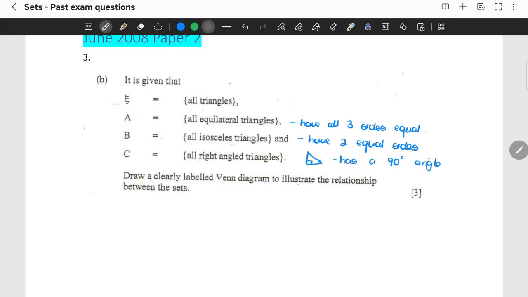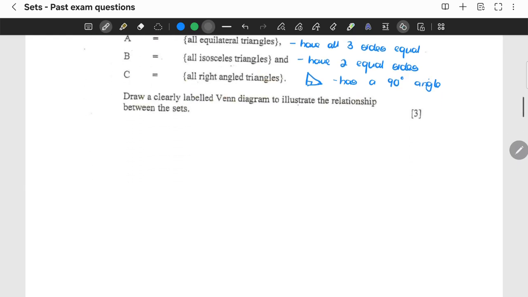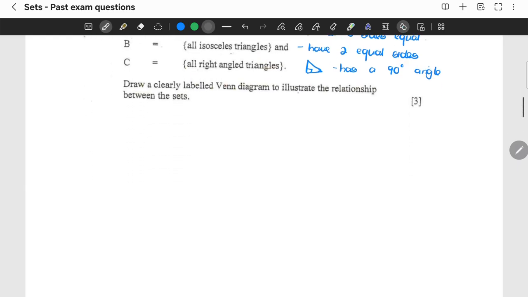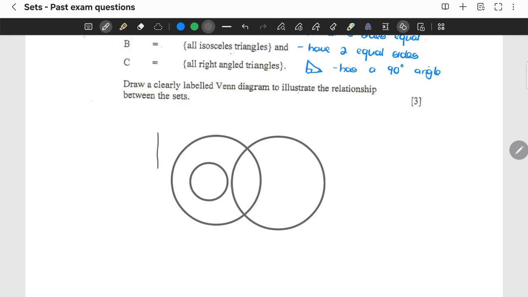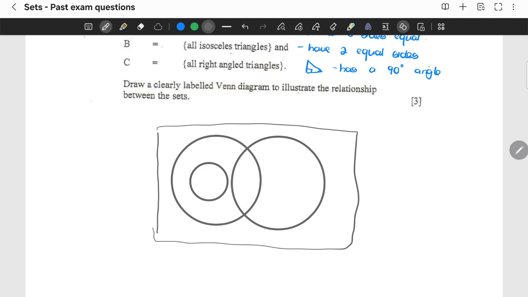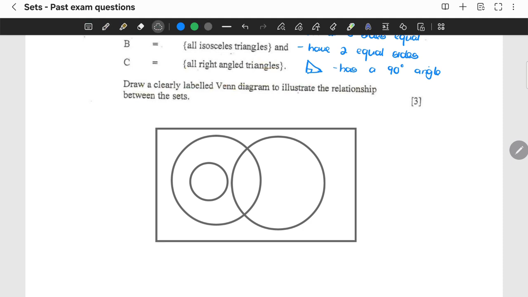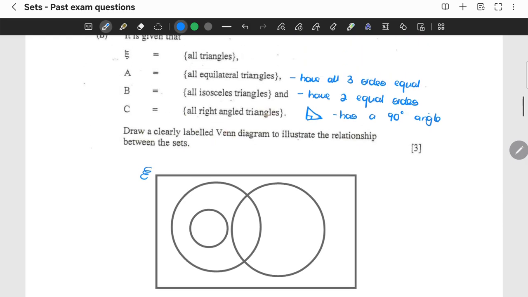So if we're going to draw this, we have to understand that we have a universal set, which is all triangles, and we have B, which is isosceles triangles, right?